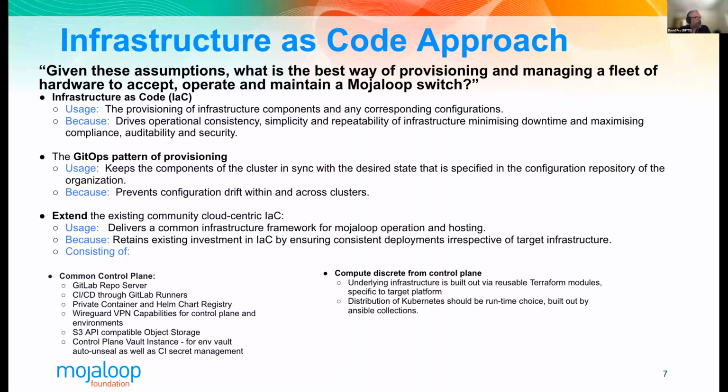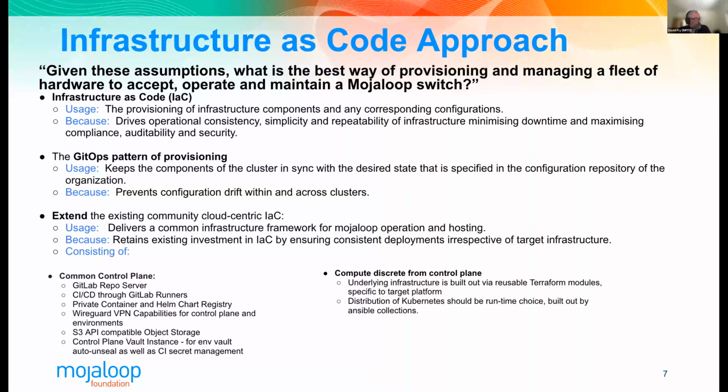But the WireGuard VPN is referring to the operations access to the control plane and the environments. So this is for accessing the VMs or the bare metal that the Kubernetes nodes are running on, as well as the GitLab server and any of the other nodes that are a part of the control plane or the environments.